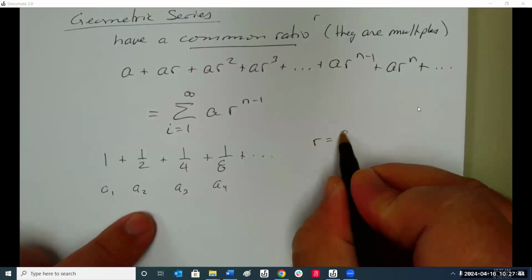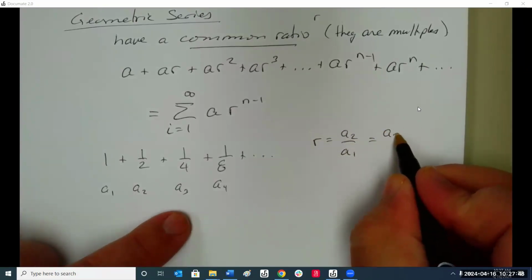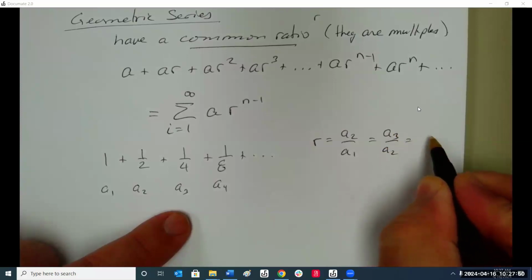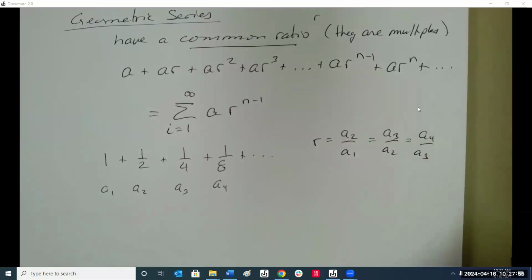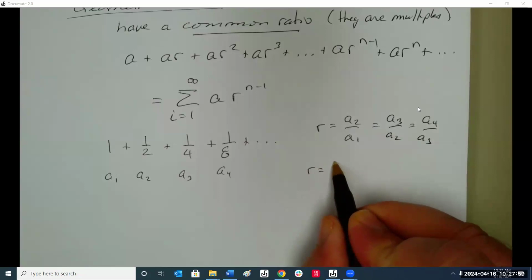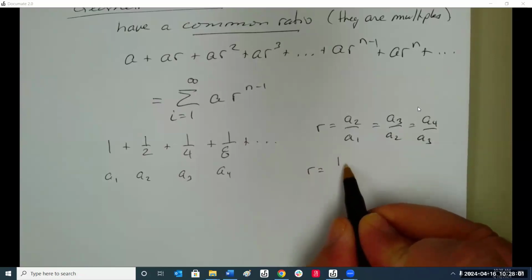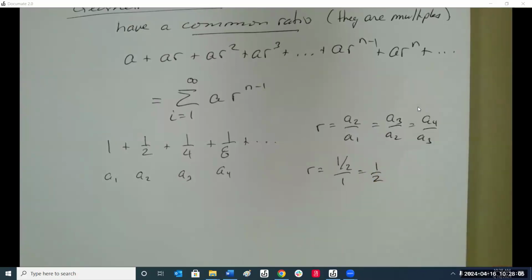That means a2 divided by a1 will be the same as a3 divided by a2, which is the same as a4 divided by a3. So 1/2 divided by 1 is 1/2.